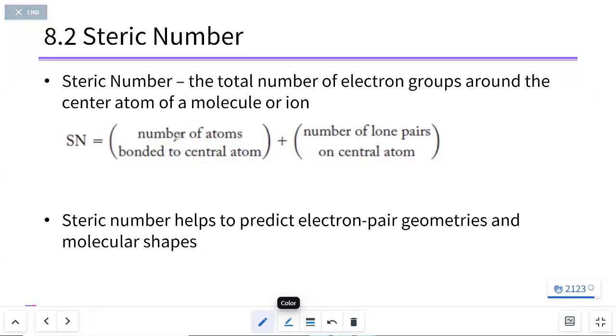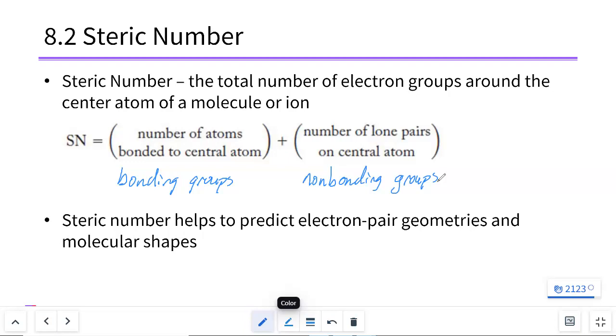The number of atoms bonded to the central atom are our bonding groups. The number of lone pairs would be our non-bonding groups. One important note about those bonding groups: it's the number of atoms that we are bonded to, not the number of bonds.